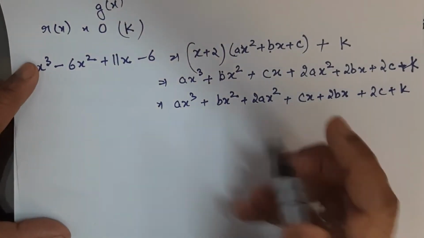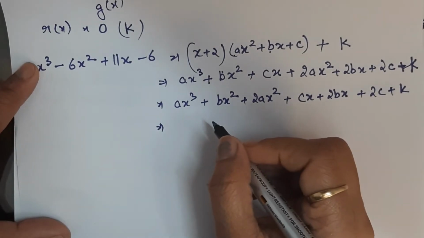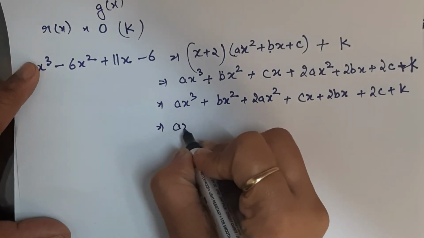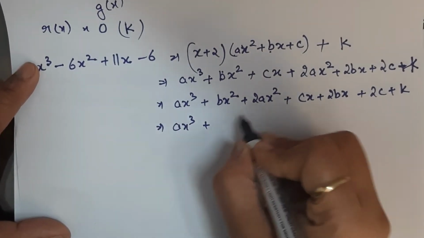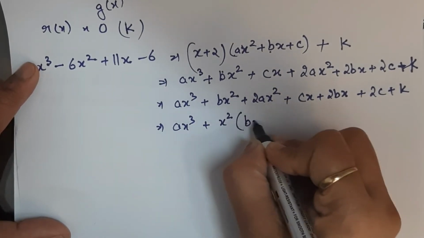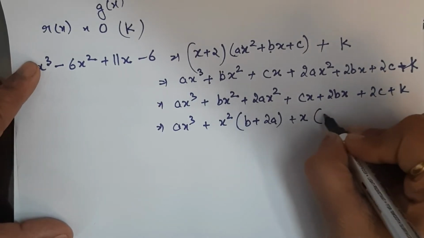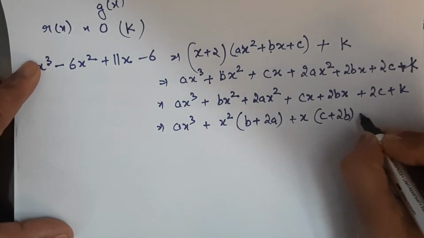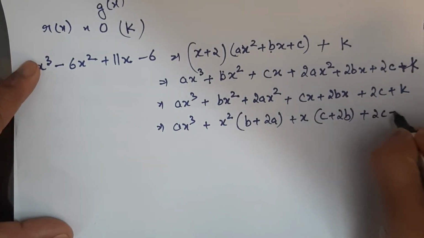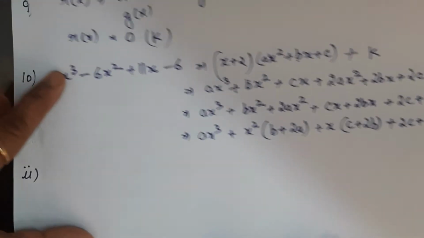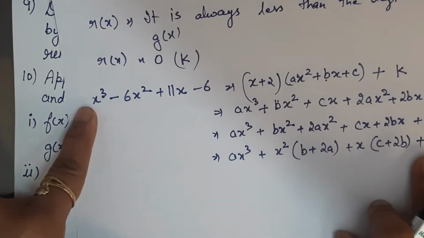Why have I done this? So that I can easily take the common factor. ax³ is alone, take x² common and what is left is b + 2a. In a similar way, take x common and c + 2b in the bracket. Nothing can be common in 2c + k. Now compare this equation with this equation.